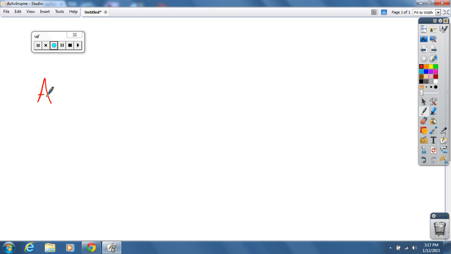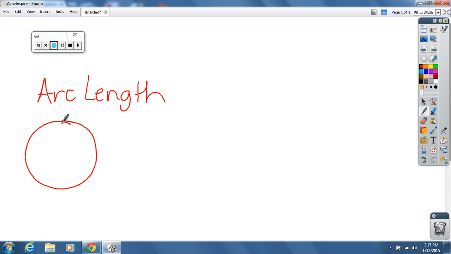There's a formula for arc length, and the formula is nothing more than the piece of the circle that you're looking for. If I have from this radius to that one, I'm actually looking for the arc length, or the piece of the circumference that's related to that measure of arc.